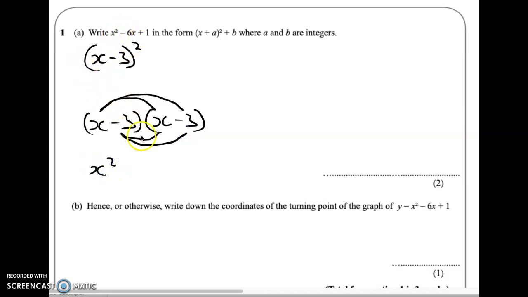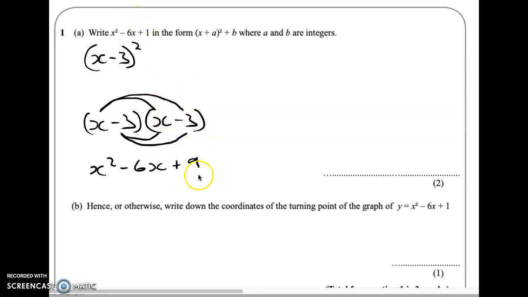That's good, we want that. We get x times minus 3, and minus 3 times x. Add them together, that gives us minus 6x. But then minus 3 times minus 3 gives us positive 9. So it's just the end bit here that's not the same.